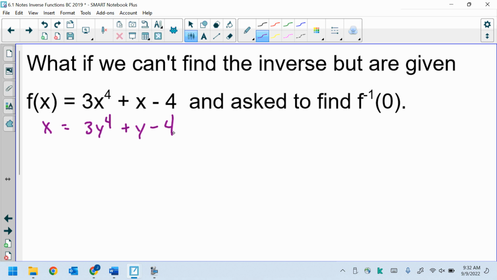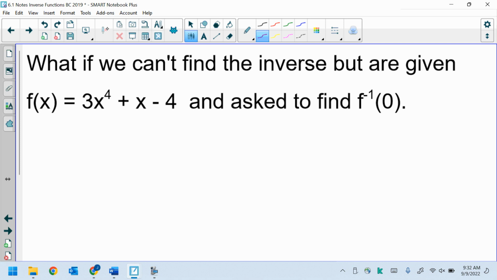Well, it's just not going to happen. So we can't find the inverse. But we're asked to find the inverse evaluated at 0. Well, if we can't find the inverse, how are we going to evaluate it anywhere? That's kind of crazy talk.